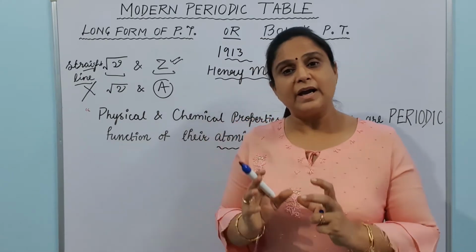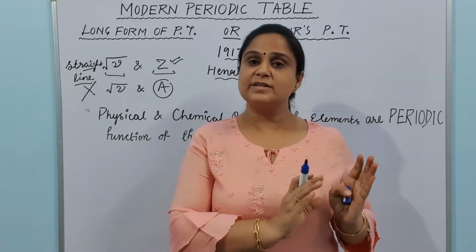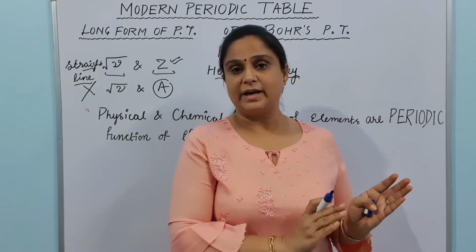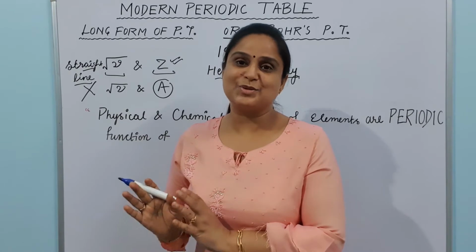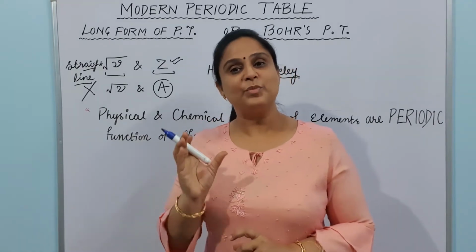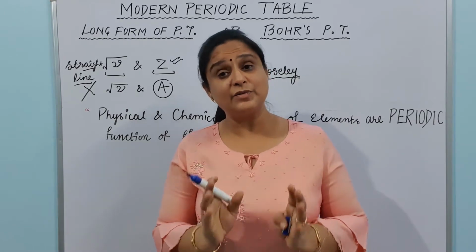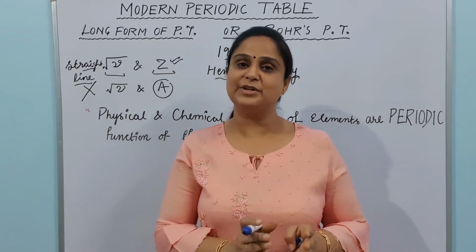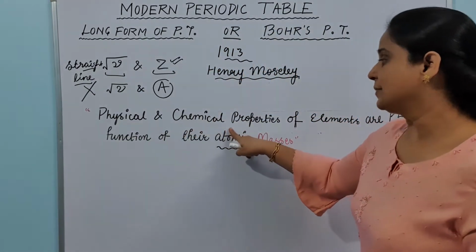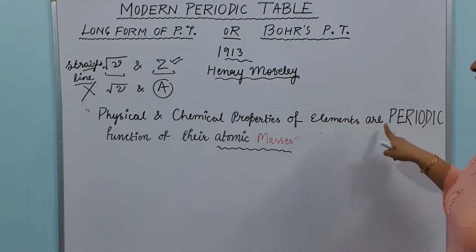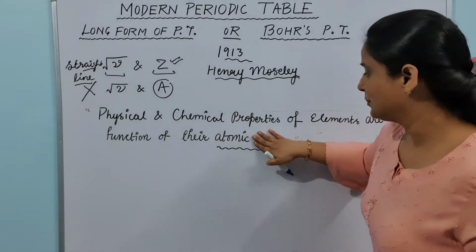So by understanding this concept, everyone agreed that we should go ahead using atomic number and leave the atomic mass concept. Hence, modifications were made in Mendeleev's periodic law, and it was converted into the modern periodic law, which states that physical and chemical properties of the elements are periodic function of their atomic numbers.